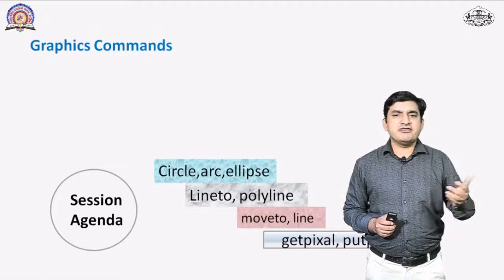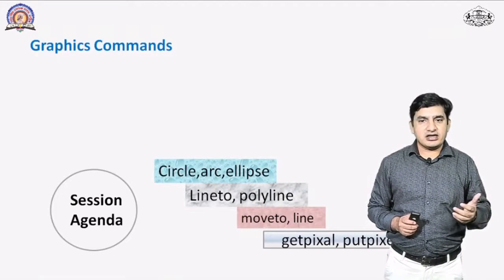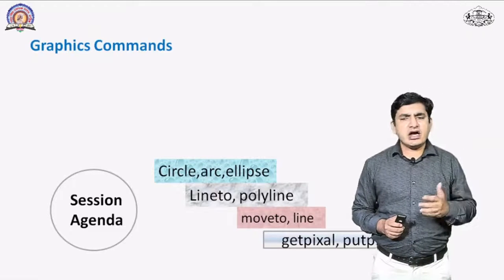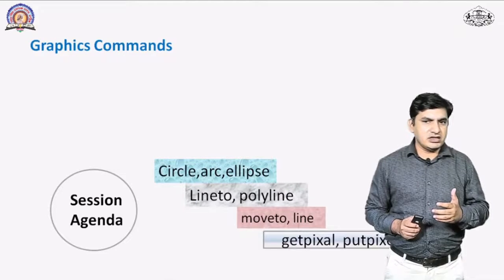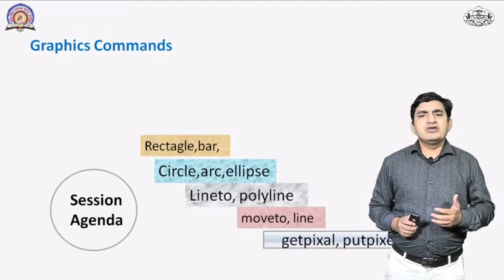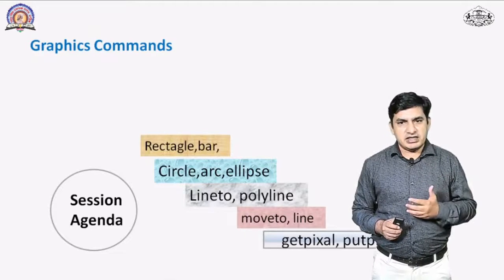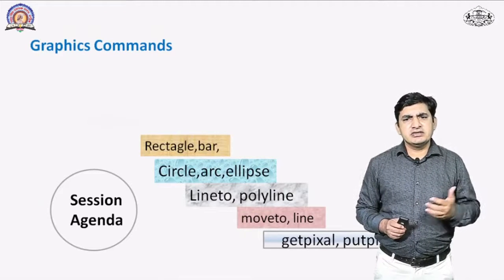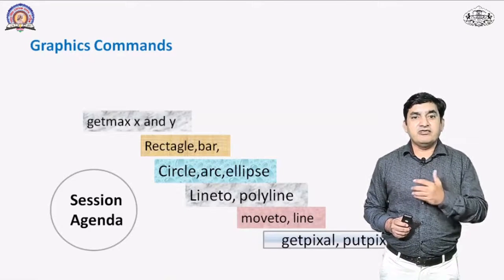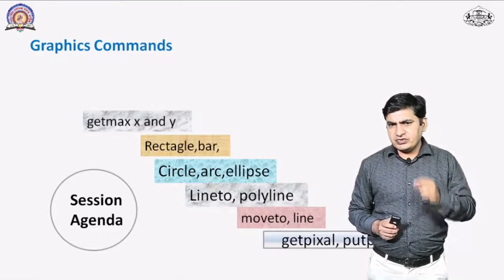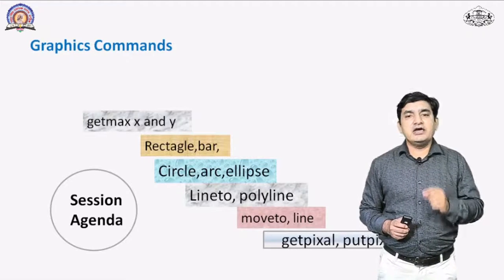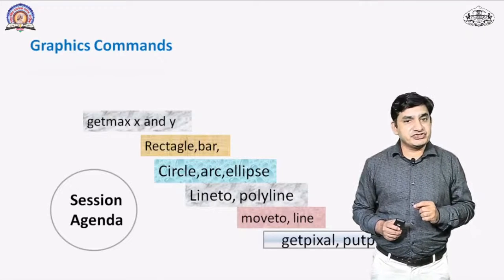Then the next functions are circle, arc and ellipse. Circle is used to draw a circle, arc is used to draw an arc, ellipse is used to draw an ellipse. Then rectangle, bar. Next is getmaxx and getmaxy, which are used to get the maximum value of the x coordinate and y coordinate on a screen.